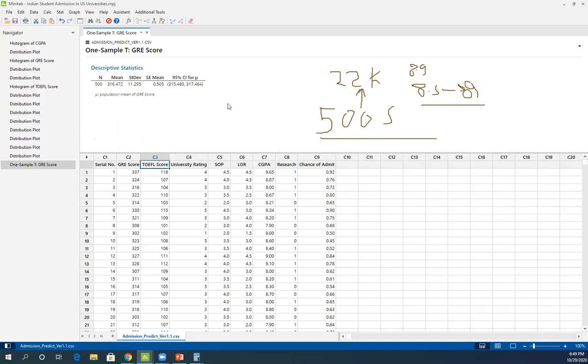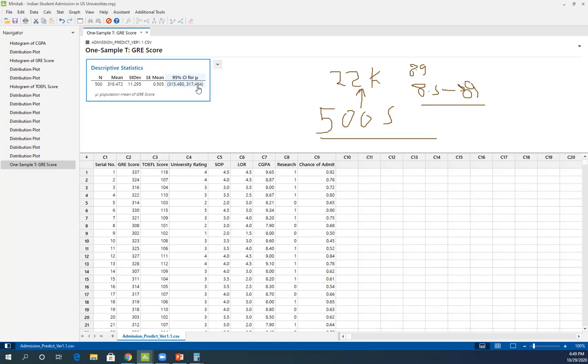Now here, if you can see the answer, I am 95% confident that for all 22,000 students coming from India, the score will be between roughly 315.5 and 317.5.